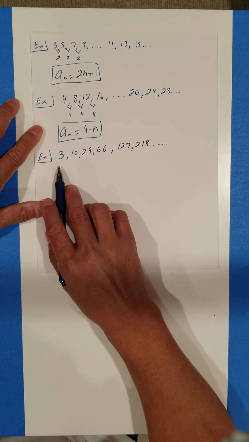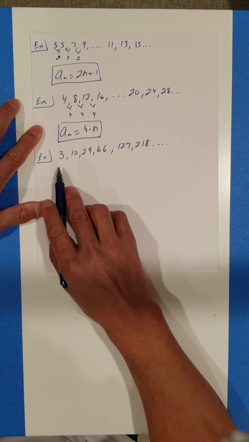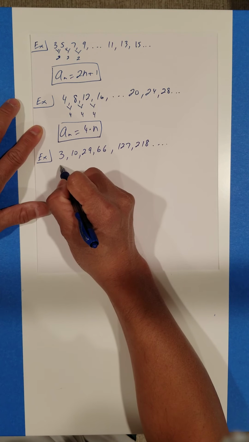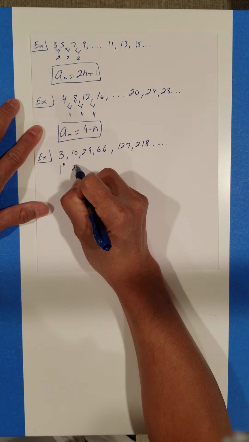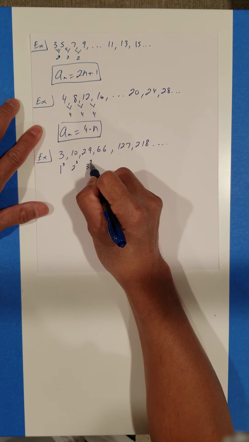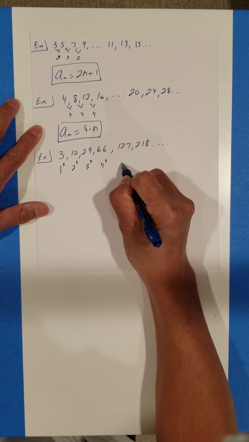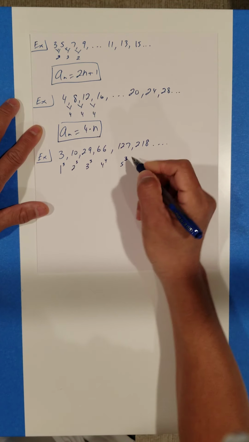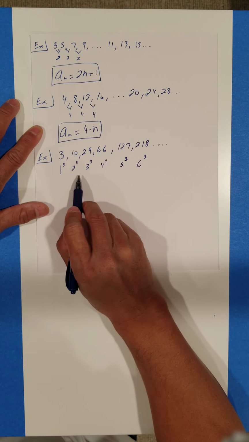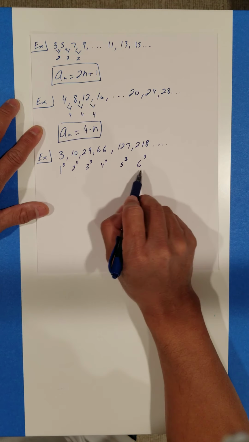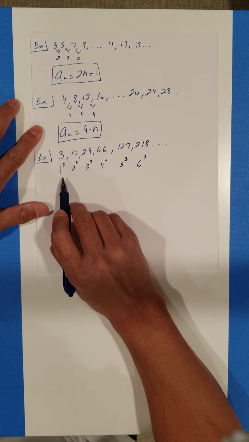What I notice is that this is sort of like 1 cubed, 2 cubed, 3 cubed, 4 cubed, 5 cubed, 6 cubed. But each time I'm off by 2, right?